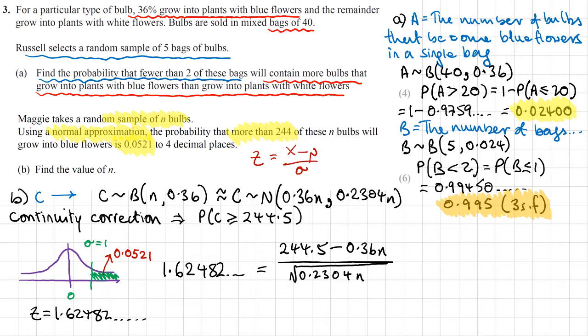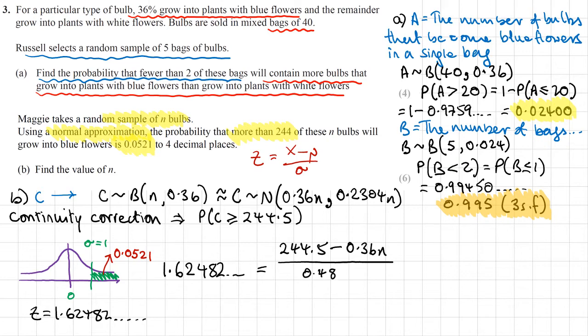Now I want to solve for n, so I guess the first thing I'll do at the bottom here is to change this into the square root of 0.2304 and then root n. I can work out the square root of this, so let's do that. And that's 0.48.